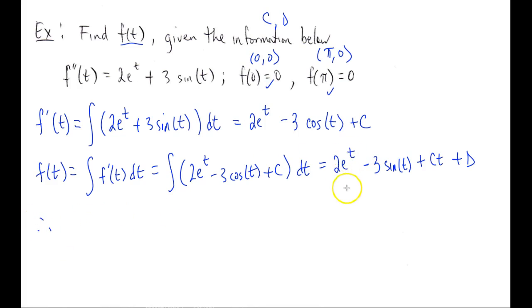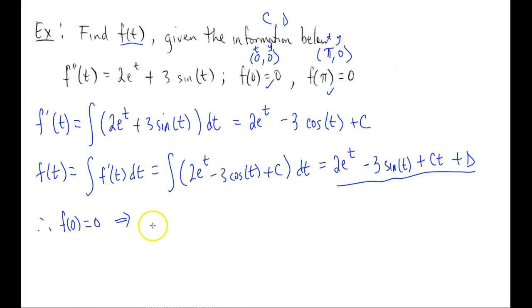So now that we have this information, we're going to use what we know here. Evaluate the function at 0, let it equal 0, and see what one of our constants is. So having this, of course, x here is 0, y is 0, or I should say t in this case. So let me get rid of that. Use the correct variables here. So this is t and y.